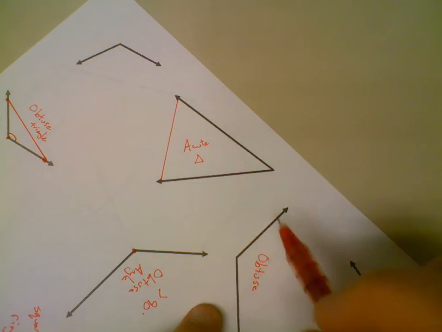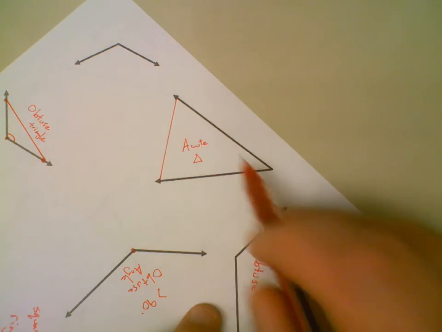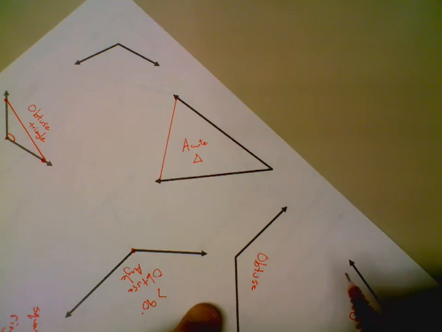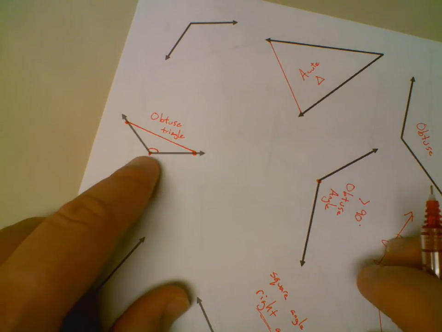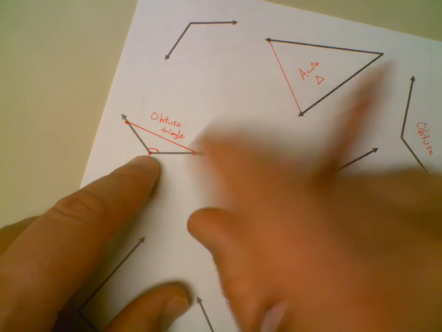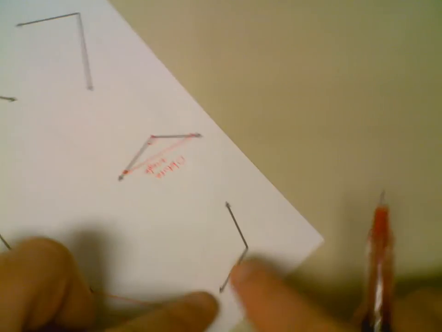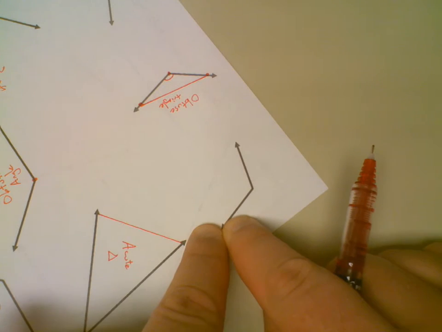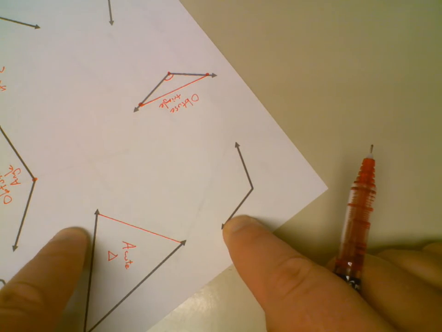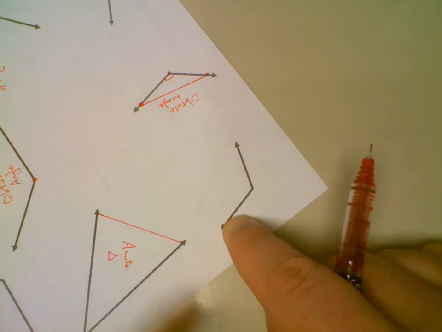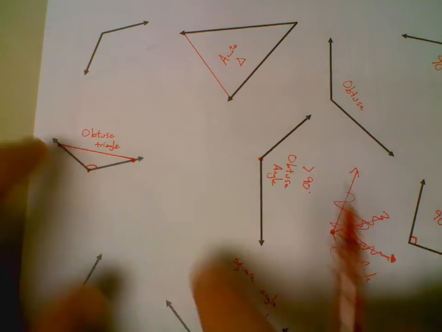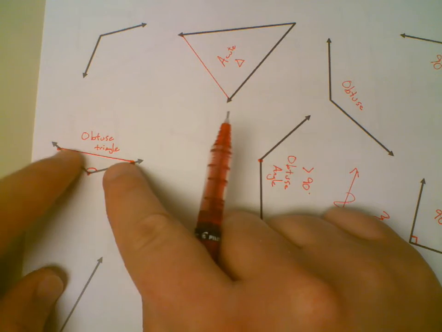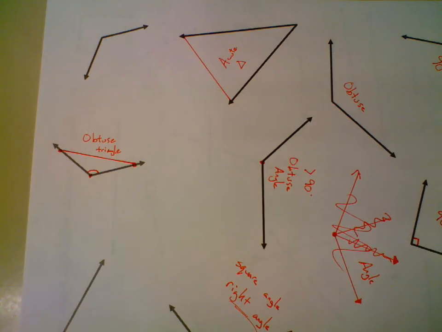The difference is all three angles are acute, okay? When you have an obtuse triangle, you just need one angle that's obtuse. Because if you think about it, if this one's obtuse and you had another obtuse angle, wouldn't the lines just never intersect again? They'd kind of go away from each other. So you need one big obtuse angle to make it obtuse, but then the other angles have to close back into each other to make it a triangle.